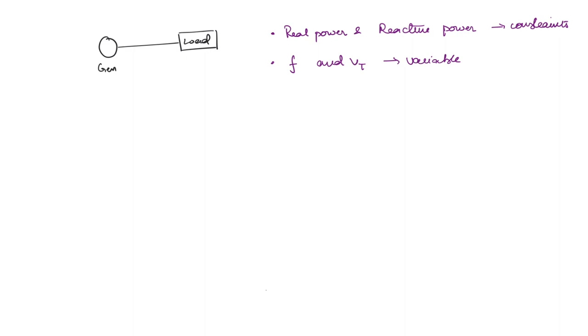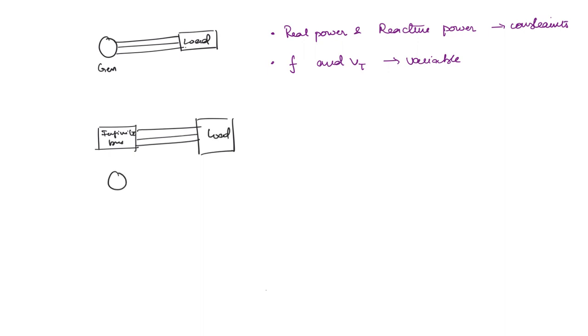In case of a generator operating in parallel with an infinite bus, you have an infinite bus here which is delivering a load. Here also 3 lines, right? 3 phase. So this is the load, and you have a generator connected in parallel to this infinite bus.